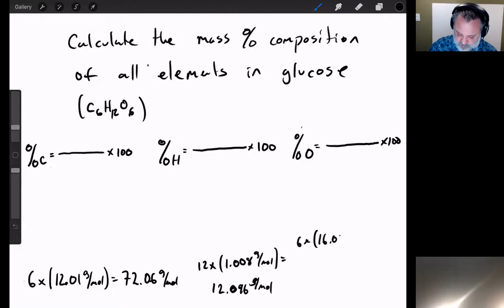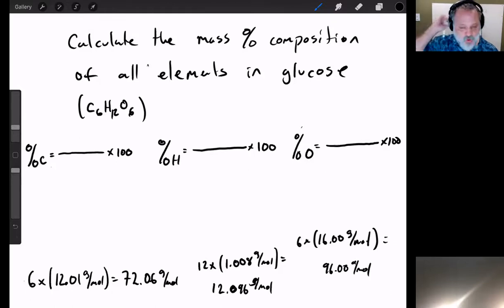Oxygen's a little heavier, 16.00 grams per mole. So that's 96.00 grams per mole. Yep, I think that's about right. 180 is the number that comes to my brain. So we get 96.00 plus 12.096 plus 72.06. I get 180.156.